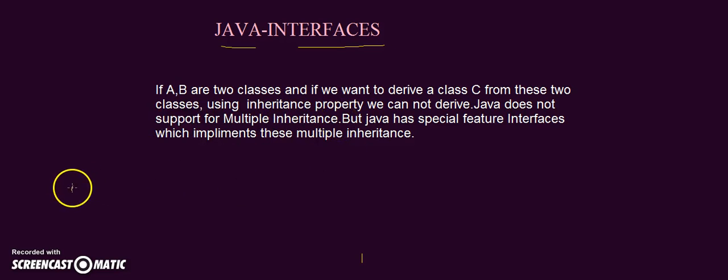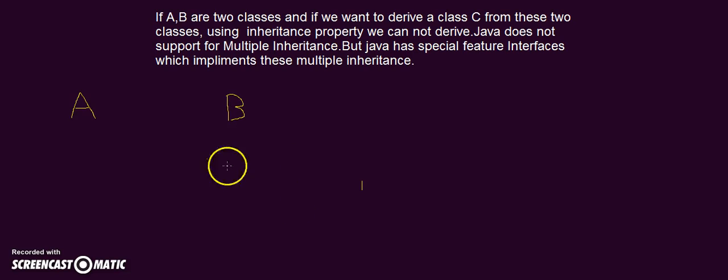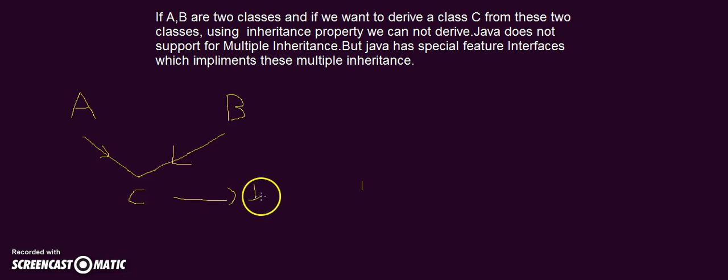For example, I have a class called A here and a class called B here. Now I want to derive a new class C, which will have the properties of A as well as the properties of B, which is not possible with the help of the inheritance concept in Java.